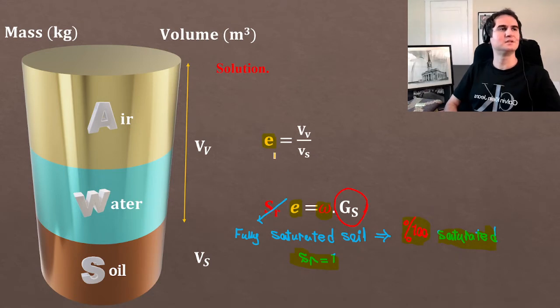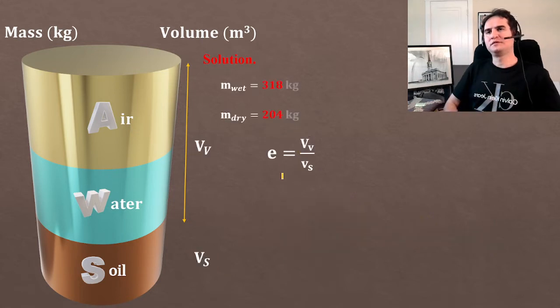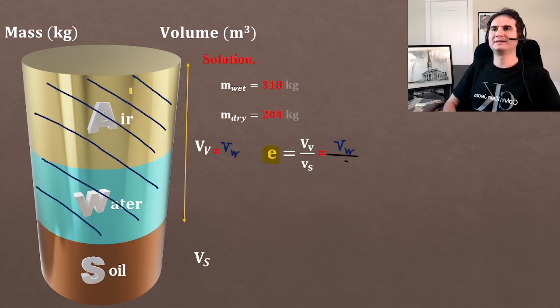So first, the calculation of void ratio, which is the volume of void over volume of solid, or soil. If you want to calculate void ratio, that is the volume of void, which in a saturated condition is all the area of water and air filled up with water.